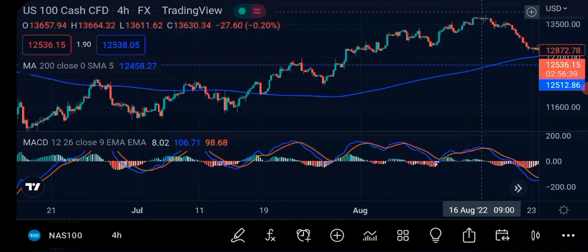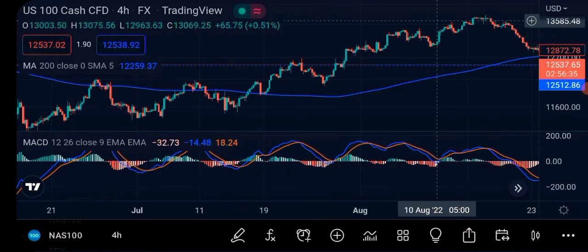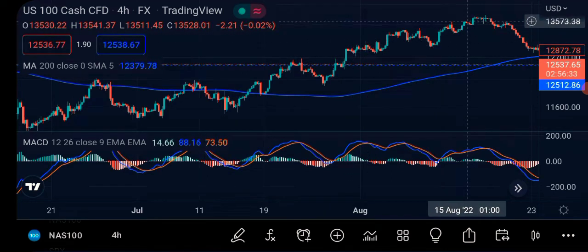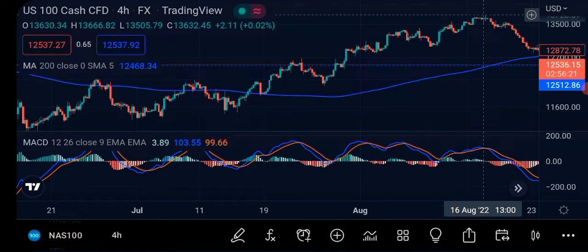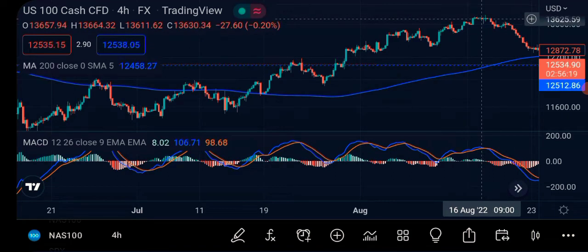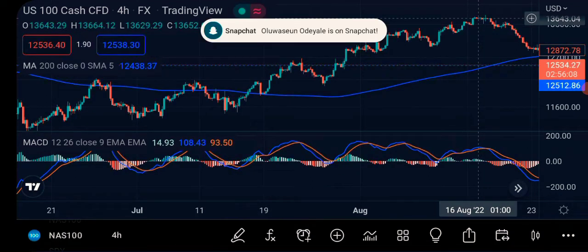Between this point of breakout here and this point here, you can see from 13077 to the highest at 13625. That's a massive profit for us. That is a massive profit. That's one setup.